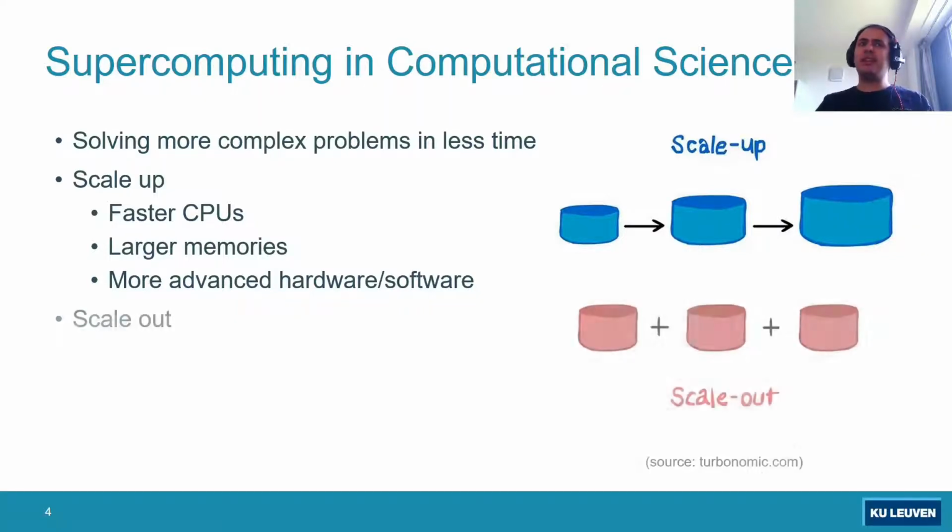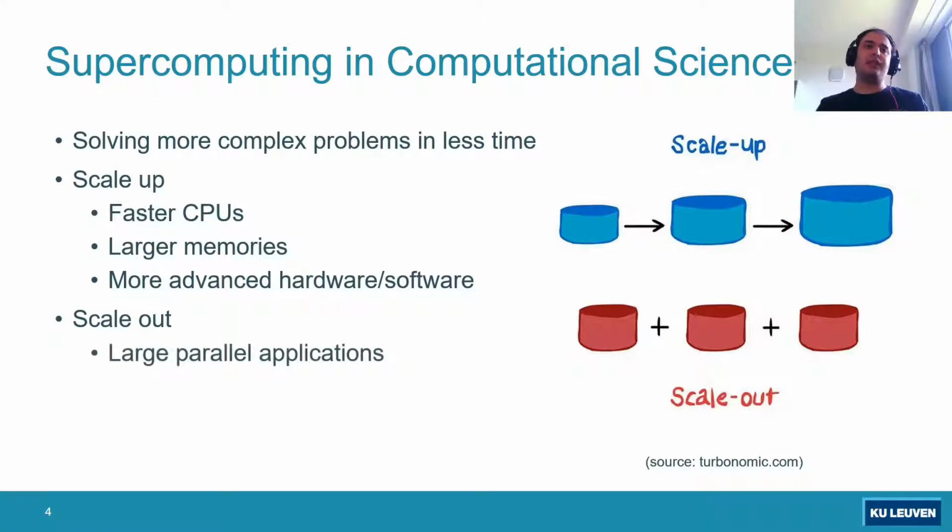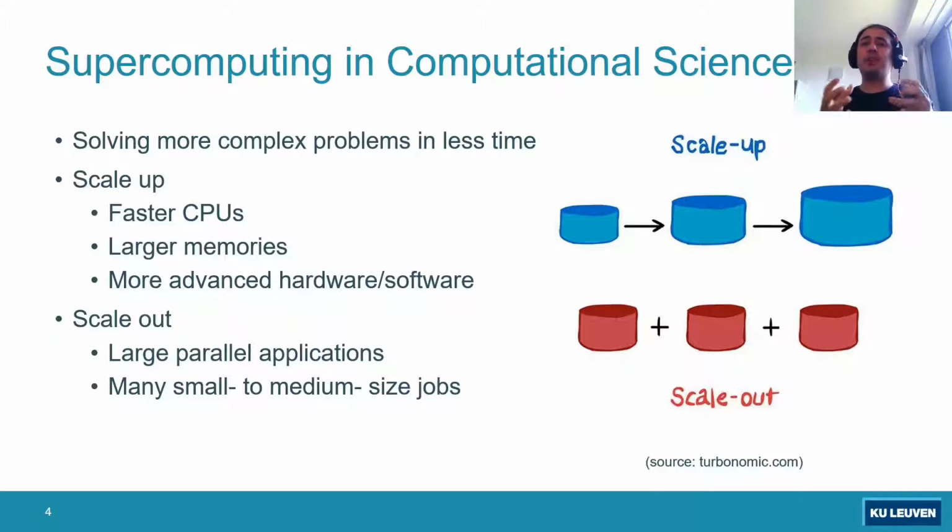But another technique, which is what we are talking about today, is scaling out. It means that you break your application into smaller jobs, smaller tasks, and then you can run them in large parallel infrastructures. So we have many small to medium jobs running in parallel, and as a result, you can increase the performance and decrease the runtime.